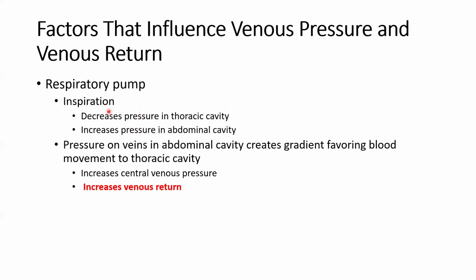So that gradient is created by the pressure changing when you have that change in shape because of the inspiratory cycle. Okay, and that's going to favor blood moving against gravity from your abdomen to your thorax and eventually back into your heart. Another thing that's happening here is you're increasing the central venous pressure, which is the driving pressure that's moving blood back to your right atrium. And that is also increasing your venous return, which is blood moving back to that atrium as well.